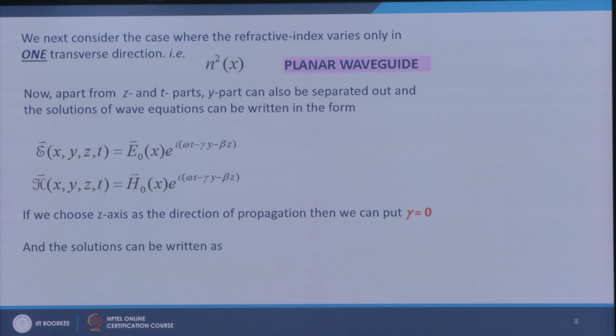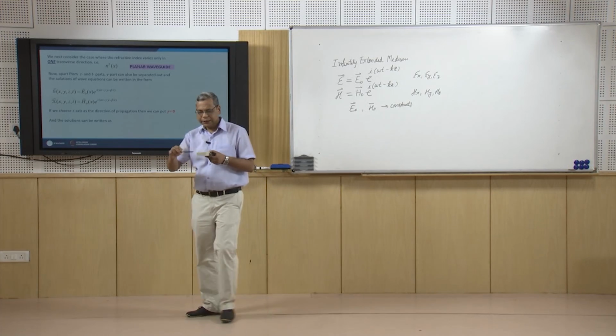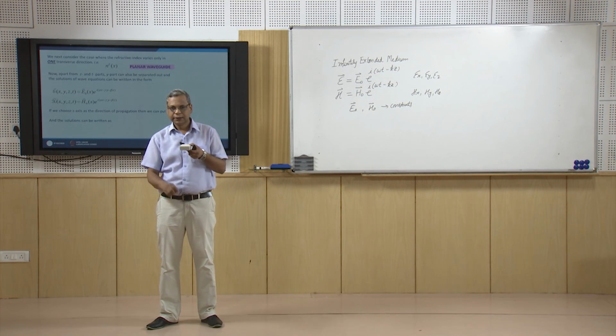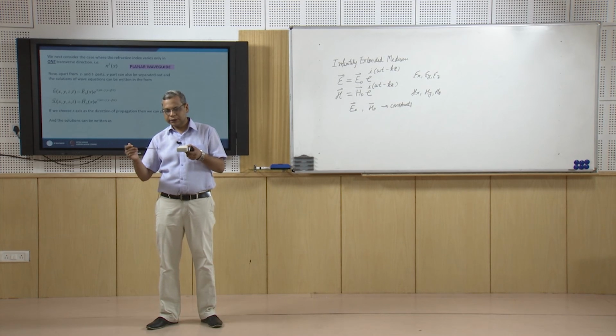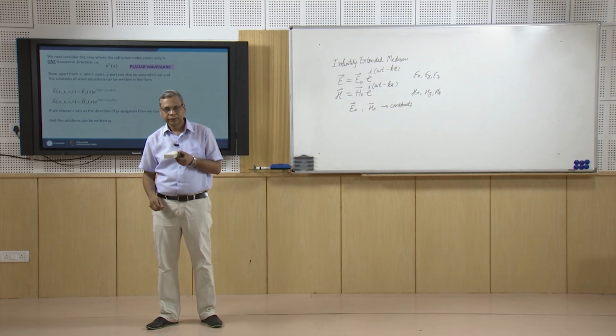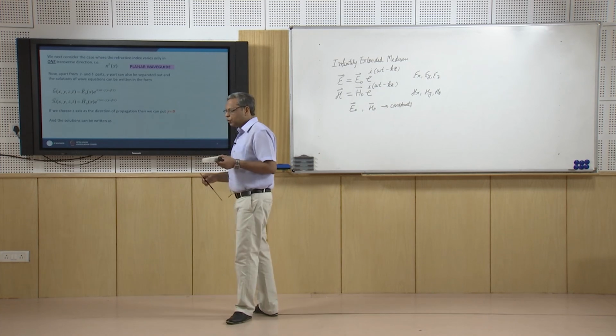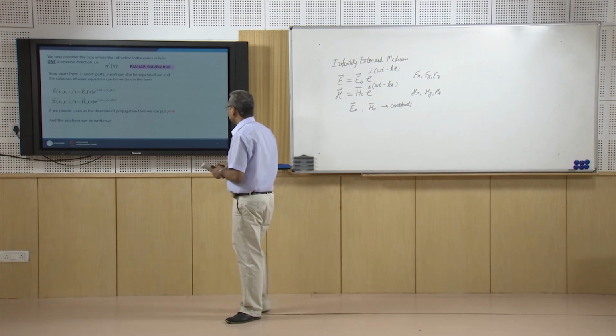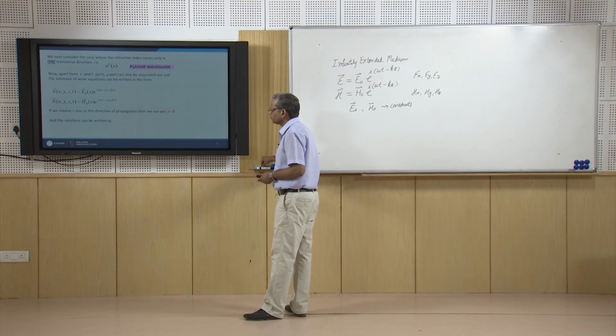So, you can see that this is infinitely extended, this is infinitely extended, and the index discontinuity is only in x. So, you can launch light into this in this direction and let the light propagate along y, or you can let the light propagate along z, you can launch it from here. Okay. So, I choose to take the direction of propagation as z. So, I put gamma equal to 0.